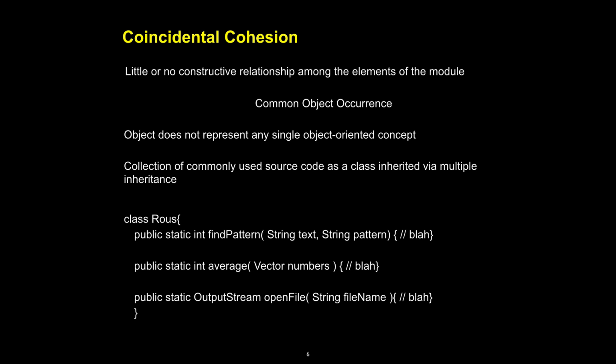So the question is, what do you do when you have this one little thing that doesn't fit anywhere? Well, the first thing you want to ask yourself is, what abstraction might it belong to? Because it may be that you're just missing an abstraction you haven't thought about yet that would be useful.